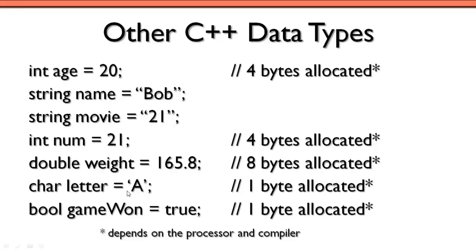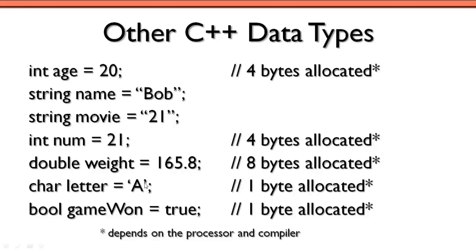Next, we'll look at character representation. If we're interested in representing just a single character in our program, then we can use a character variable. So we have the type being char, the name here just being letter, and here we actually have a character literal. Character literals are surrounded by single quotes, whereas string literals are surrounded by double quotes.